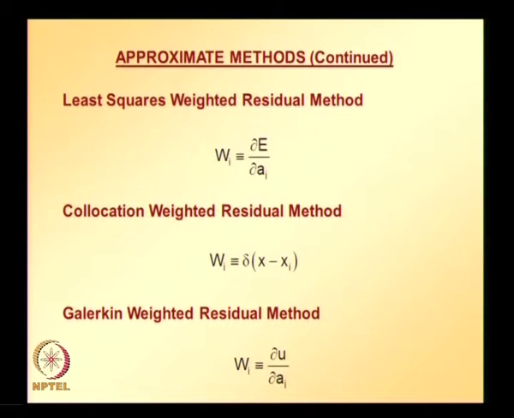So, this is how weight functions are defined. Once we decide on the trial solution, an assumed polynomial based trial solution, we can substitute it into this, minimize the total residual, and calculate the unknown parameters or coefficients.